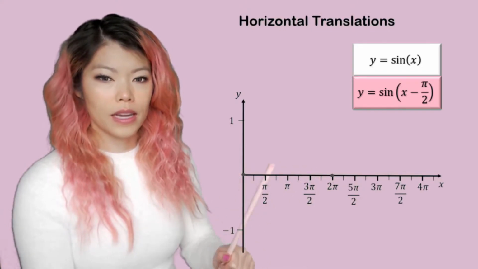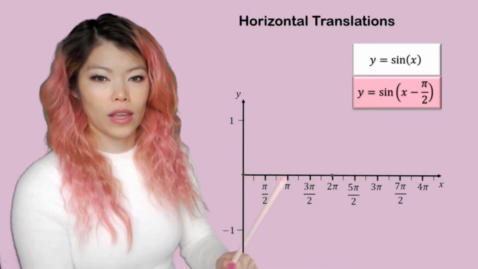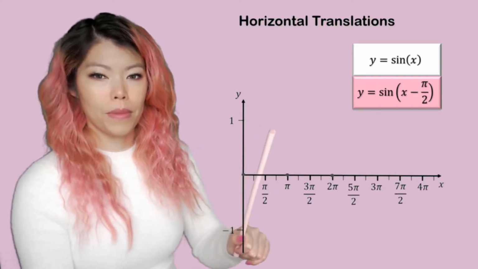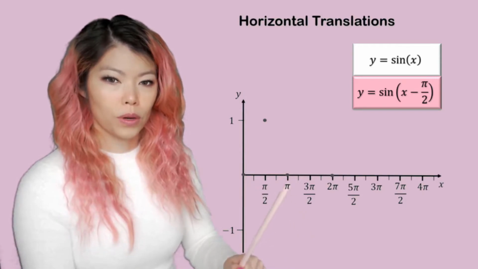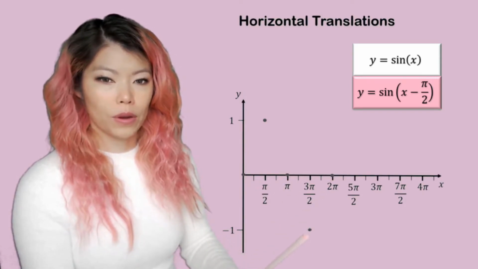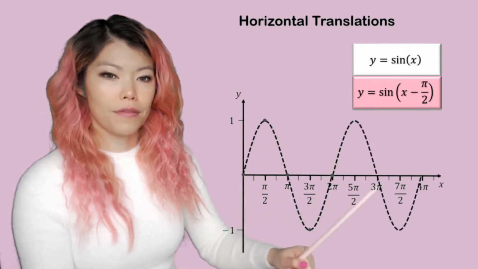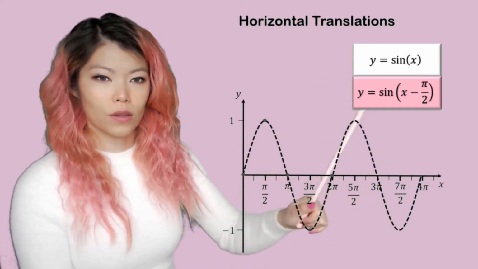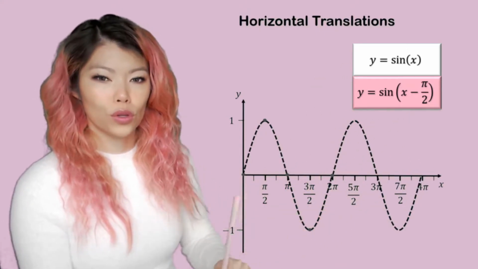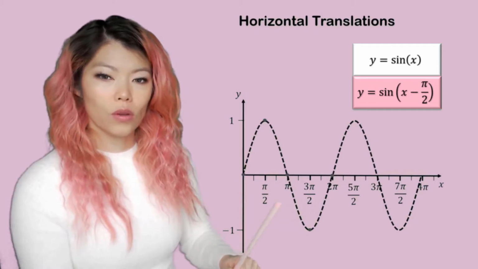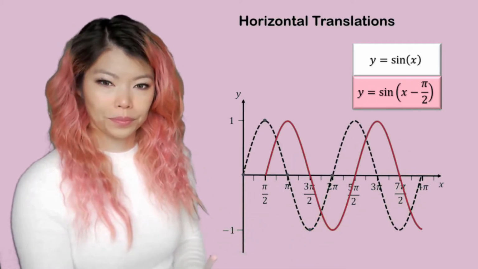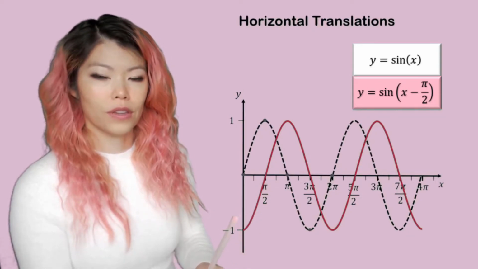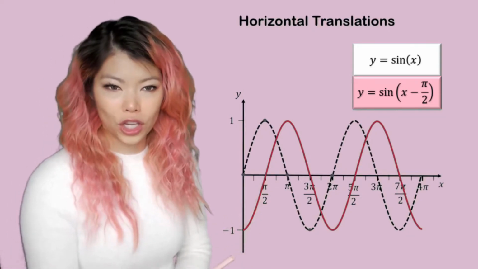So we start here and go up, halfway we go through the intercept, we go up to the maximum halfway of this, so that's 1, and we go down to the lowest point between pi and 2 pi, so at 3 pi on 2, and we sketch the graph. So that's sine x. Shifting it by pi on 2 to the right means all these dots will be moved to the right by pi on 2, just like so. And then we finish off the graph by sketching any missing sections.